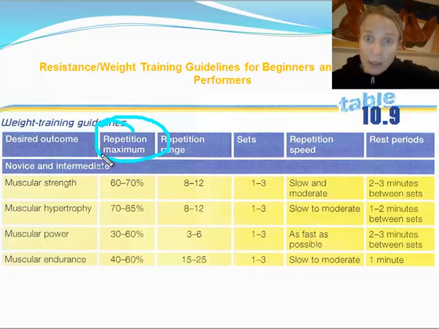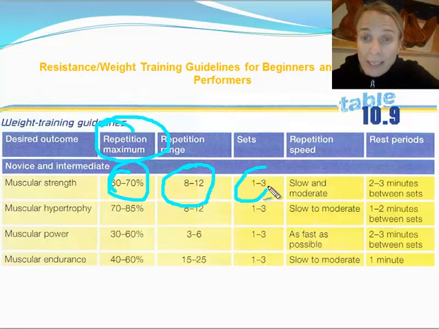So say, for example, you can bench press 100 kilos. That's the most that you can bench press. When you are doing a set of bench presses, you would choose a weight of about 60 to 70 kilograms, and you would do about 8 to 10 of them, and you do 1 to 3 sets. So you would do it 1 or 2 or 3 times.